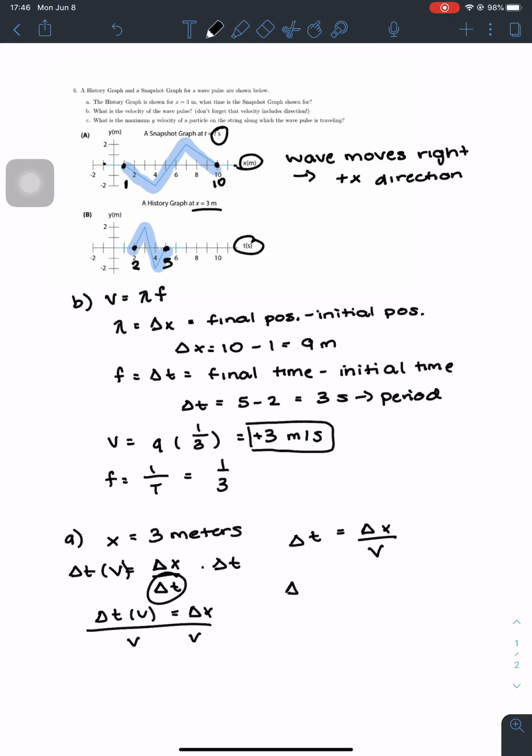We put delta x, which is final minus initial, and we know that since it's saying x equals 3 meters, the whole entire graph, for the whole entire one cycle, is x equals 3 meters. It's not at one instance, so that's why our final would be 3 and our initial would be at 0. And then our velocity from above is 3 meters per second. And so we get delta t equals 1 second.